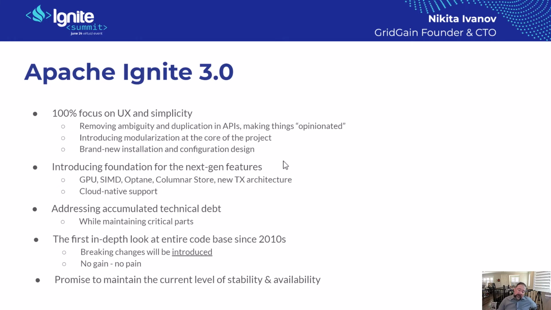What's also interesting in light of today's conversation, there's a lot of technical debt that's being addressed in Ignite 3.0. It coincides with the first point I made. Some of the code base is more than 10 years old.